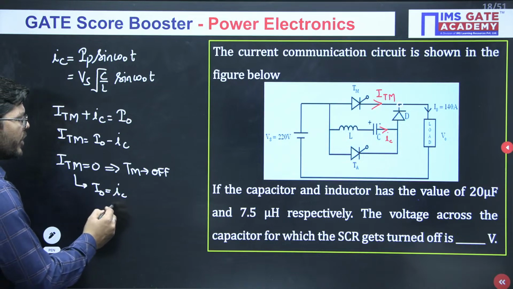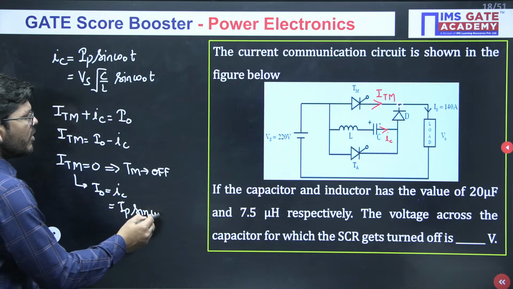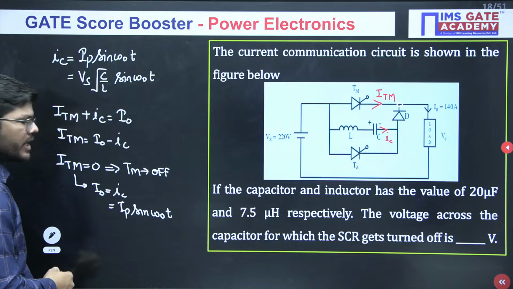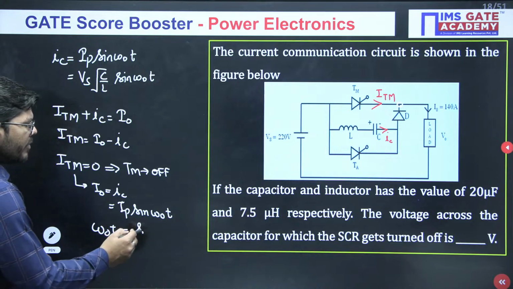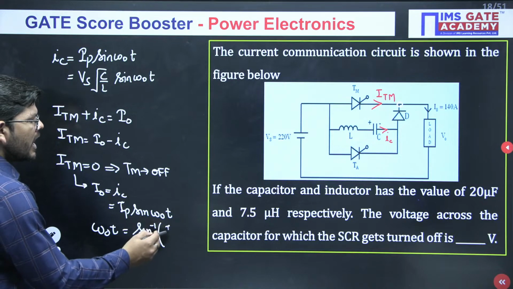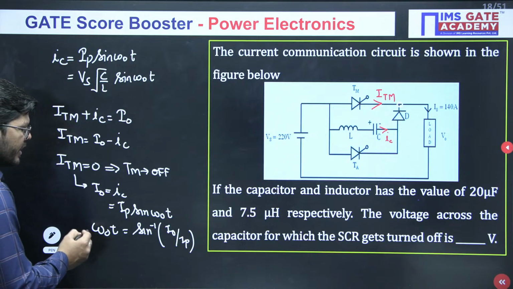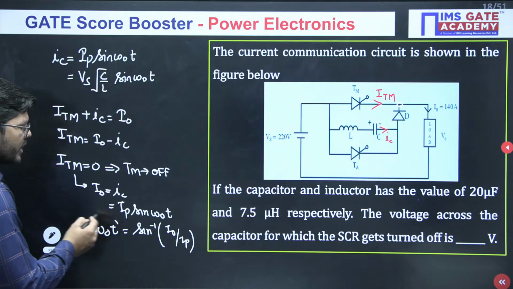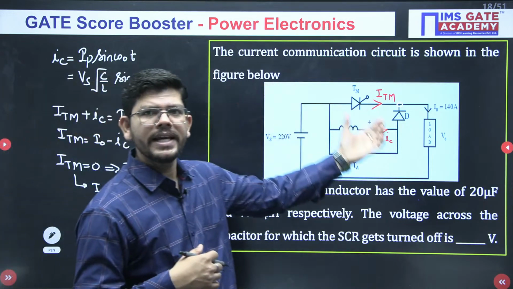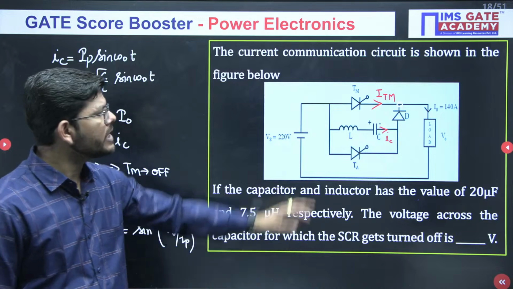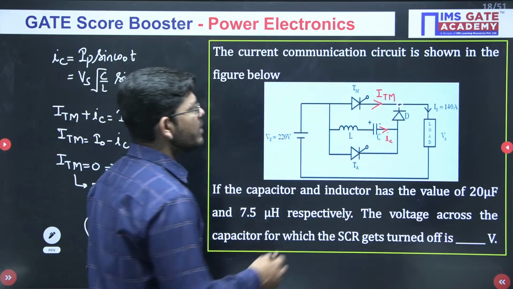If I naught and IC are equal to each other, what is IC? IC is IP sine omega naught T. So what will be the value of omega naught T here? That will be equal to sine inverse I naught over IP. And at this instant omega naught T, the voltage the capacitor applies will act as a reverse voltage across the thyristor and it will turn off.